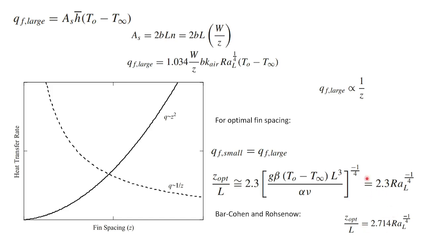Okay. Now let's just think about what's happening here. Anybody can use these correlations and derive this, but let's physically think about what is happening. If you have this fin array with small spacing, there are multiple fins.